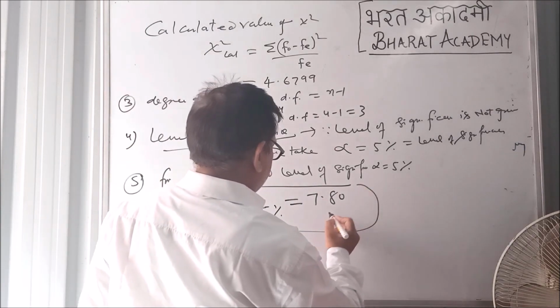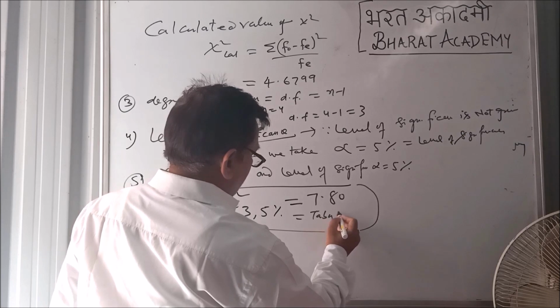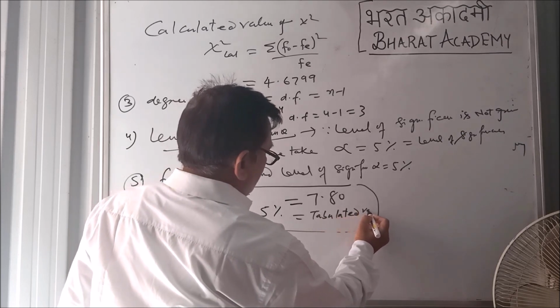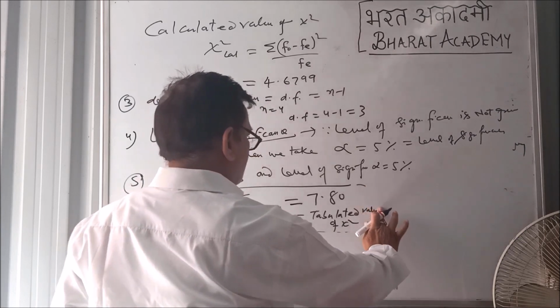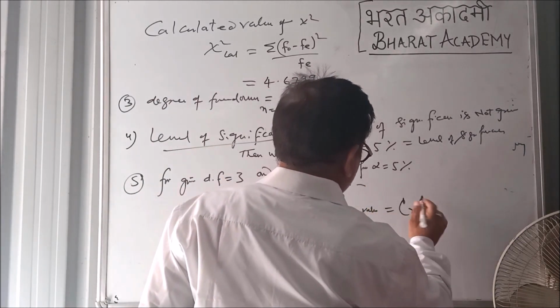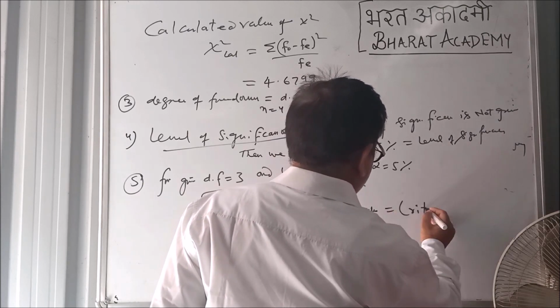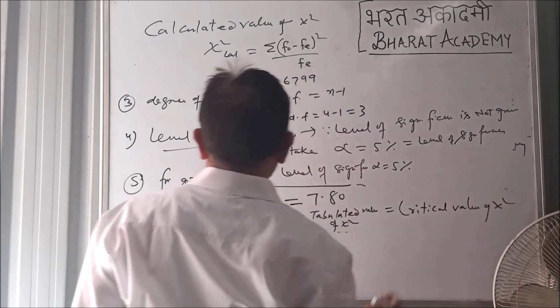Chi-square 7.80. So this is called tabulated value of chi-square, or this is also called critical value of chi-square.